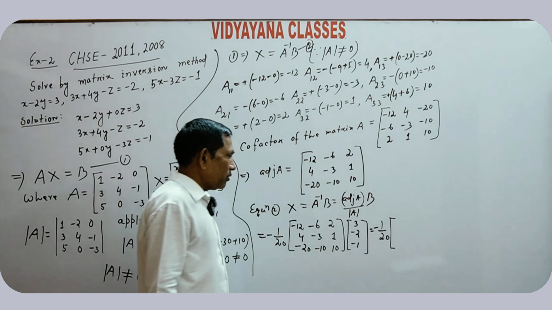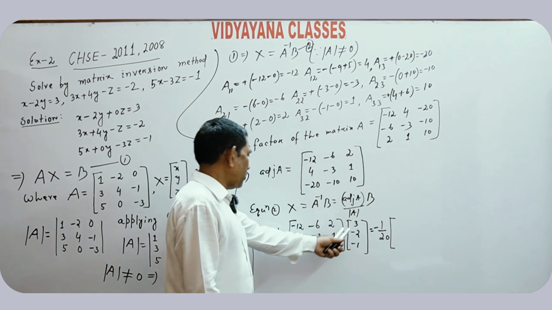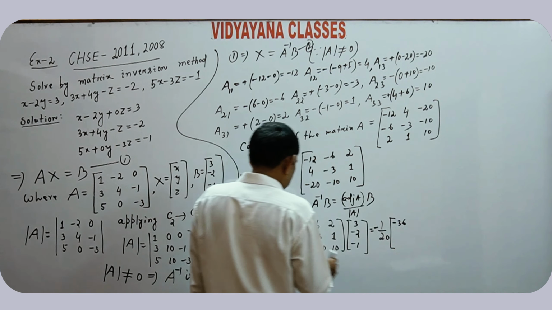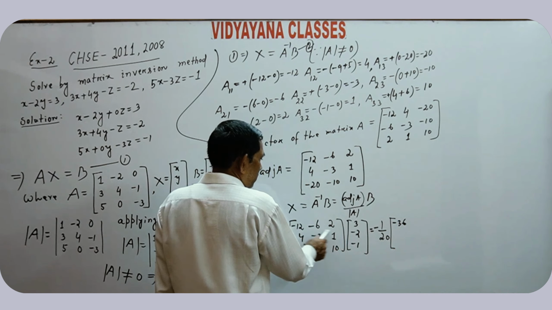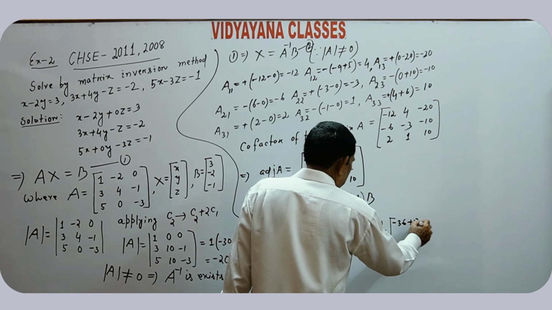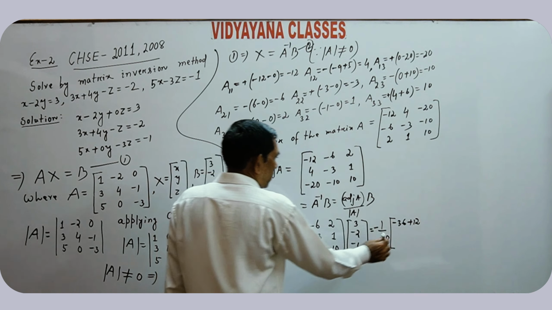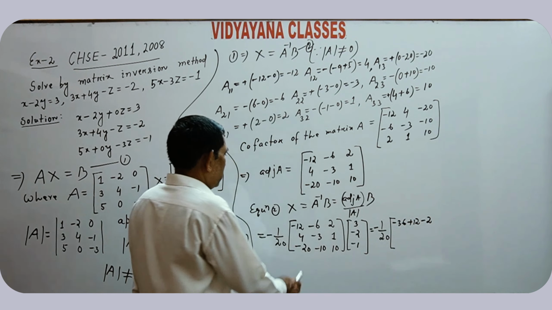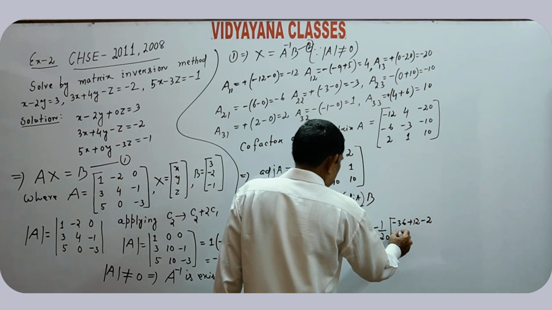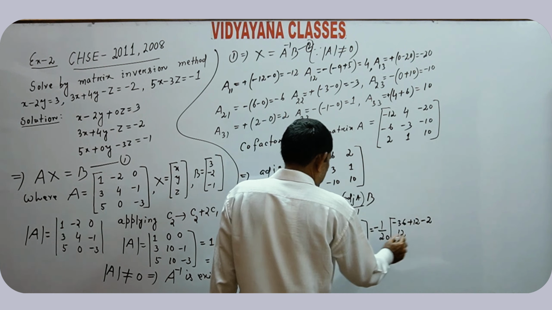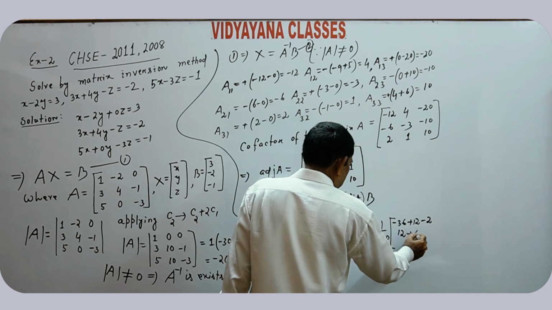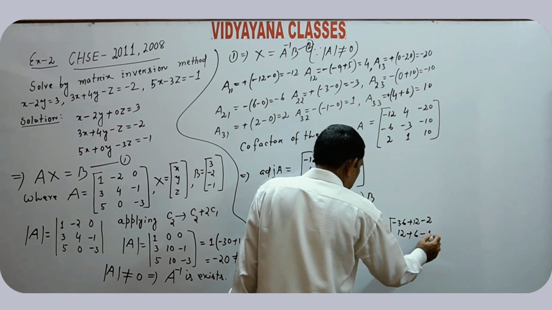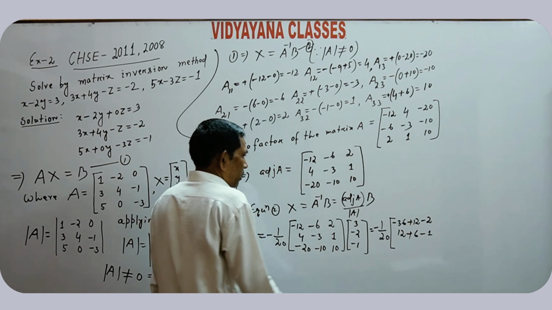Go through row 1, come down in column 1, it gives minus 36, minus 12 into 3 plus 12, 2 into minus 2, that is minus 36 plus 12 into... 4 into 3 is 12, minus 3 into minus 2 that is 6, 1 into minus 1 that is minus 1.